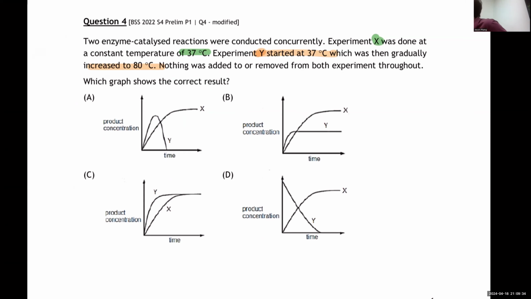For our body's enzymes, the optimum ranges from 35 to 40, roughly 37. You don't need that specific number in your syllabus, so that's why we approximate it over here. We find 35 to 40 is our optimum.